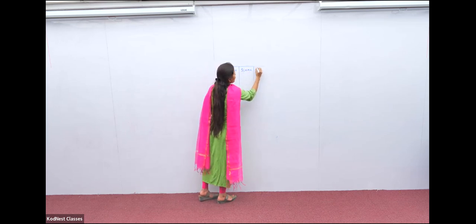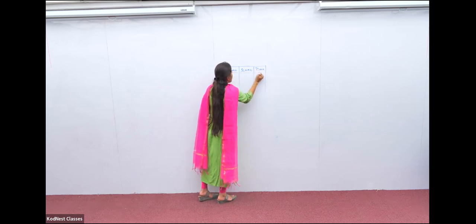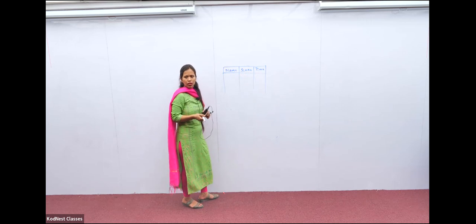So I have a column as name, a column as score, and one more column as time.